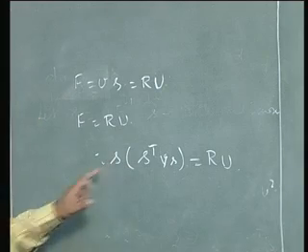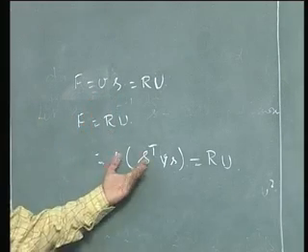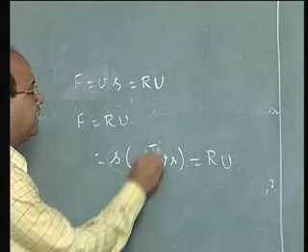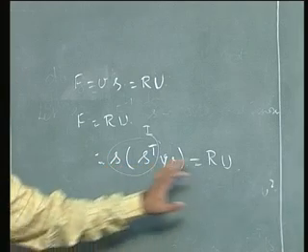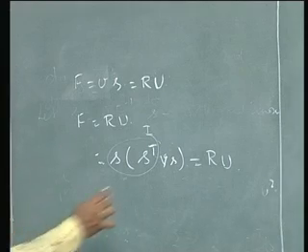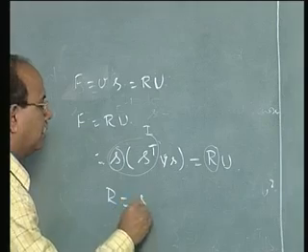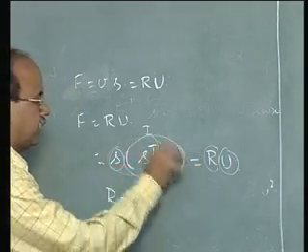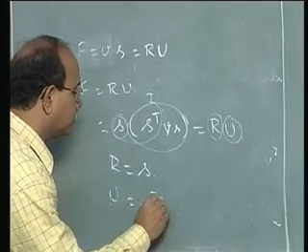What essentially I have done is, since S transpose S equals I, I have just pre-multiplied by S transpose, so this becomes I, and that is equal to RU. So both the equations are the same, which means that since the decomposition has to be unique, this R has to be necessarily equal to S, and this U is necessarily equal to S transpose VS. So U is equal to S transpose VS.